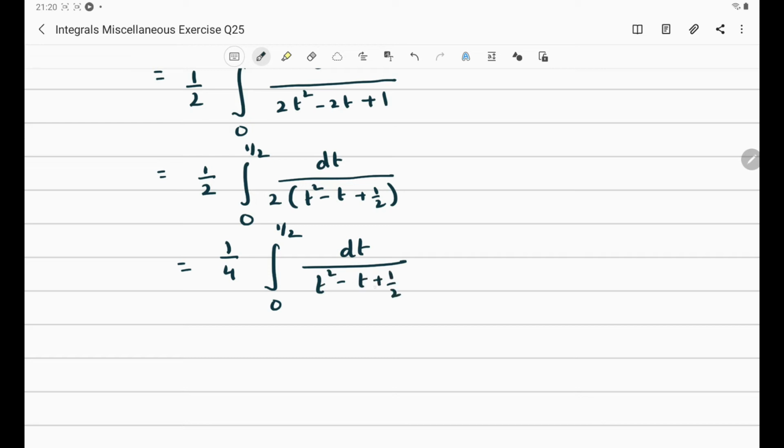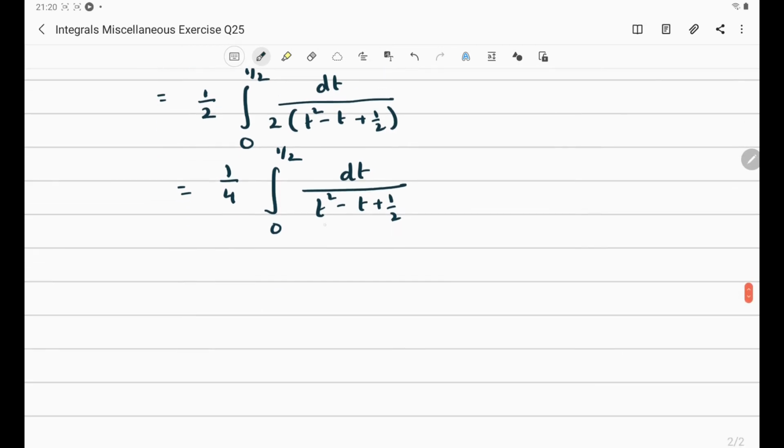So, when we have the quadratic expression in the denominator, we can solve this problem by completing the square technique. So, let us write this as 1 by 4 integral 0 to half dt, and let us see how to write this quadratic expression by completing the square technique.